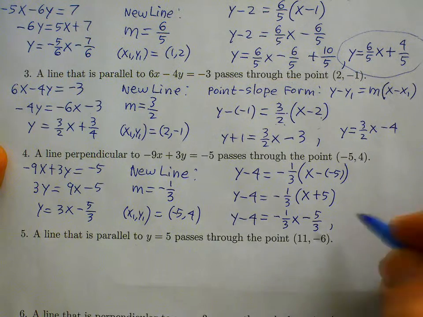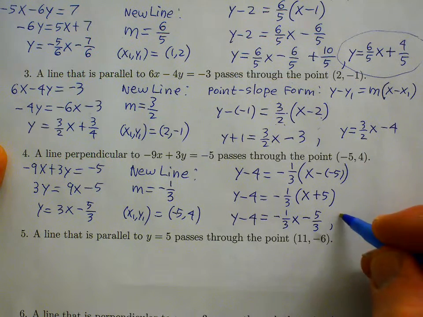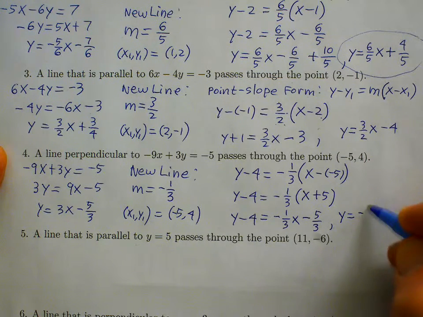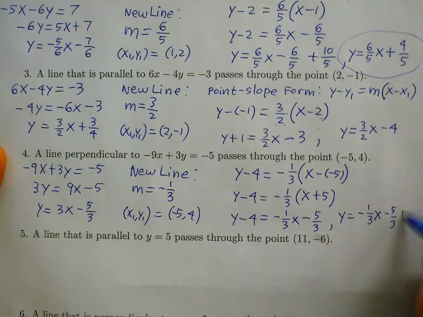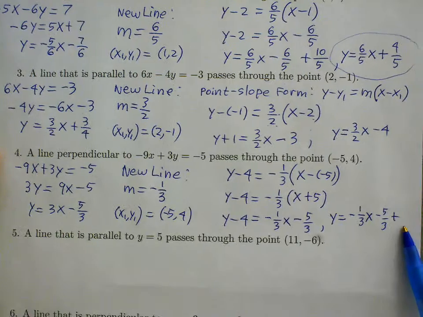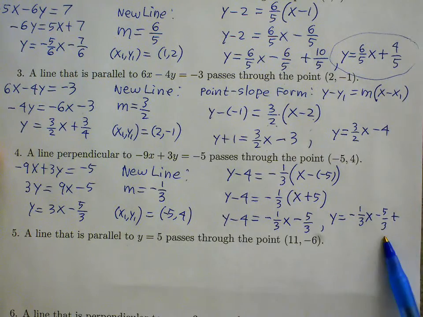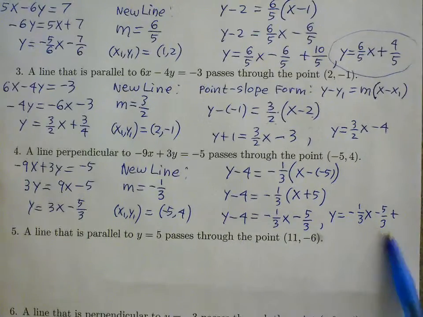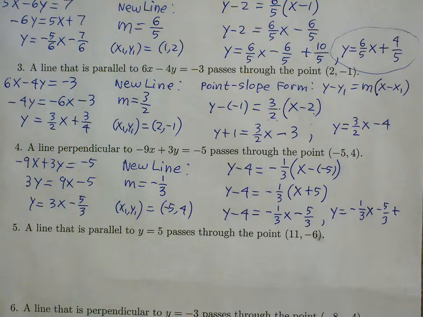And then we're going to add 4 to both sides. When we add 4, we get y equals negative 1/3 x minus 5/3 plus, well, I'm going to add 4 to minus 5/3, so I have to have a common denominator. So instead of just writing plus 4, I want to write it in the form of a fraction that has the same denominator, 3.